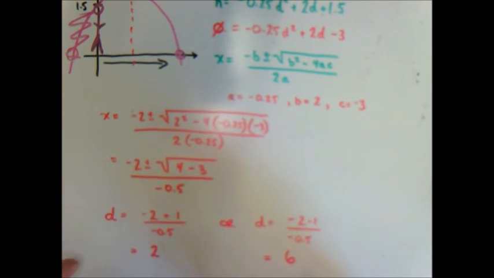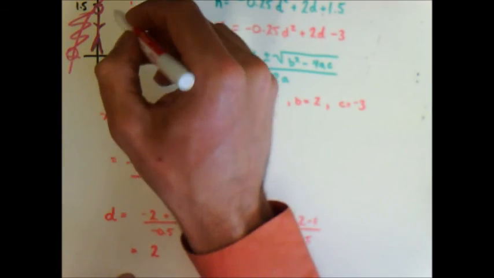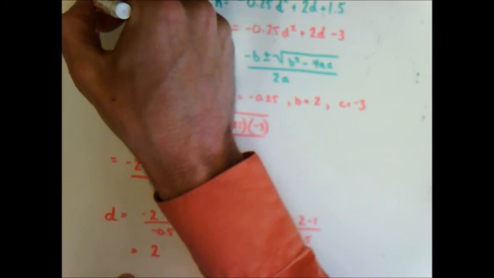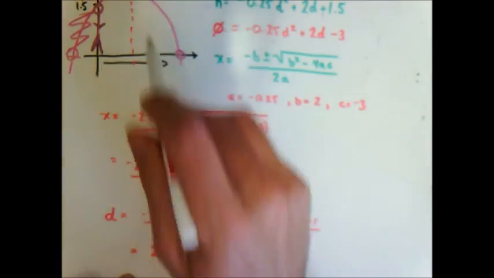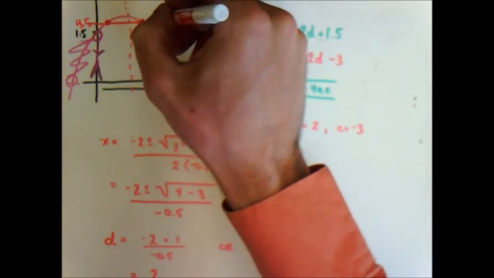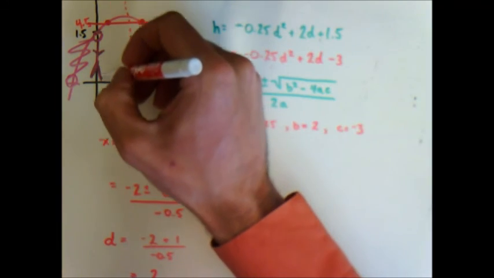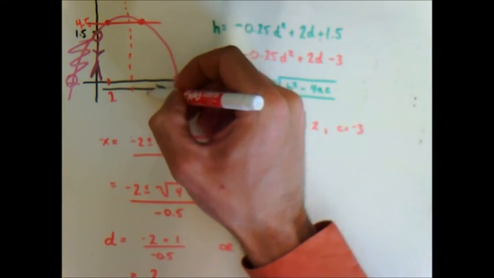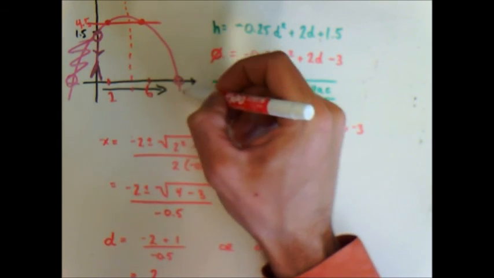So the horizontal distances when the ball is at 4.5 meters in height is 2 meters and 6 meters. So our sketch is not to scale here. 1.5 is here and 4.5 is here. So that's not quite right, but it does show us where these things happen. This happens at 2, and this happens at d equals 6.